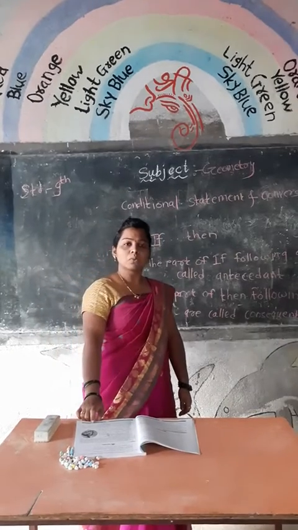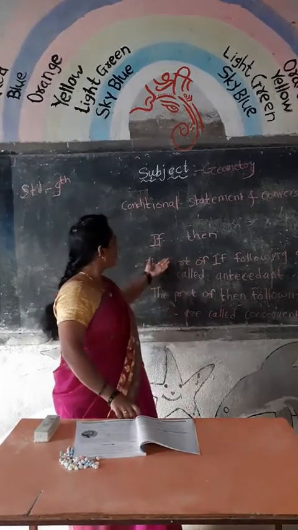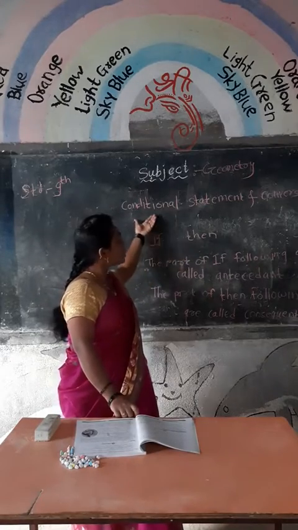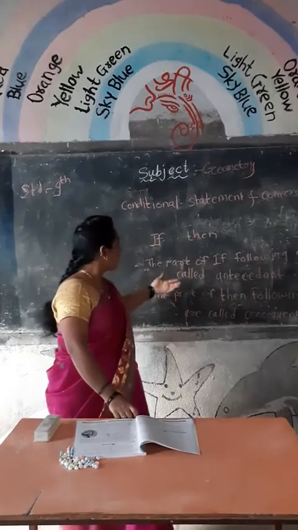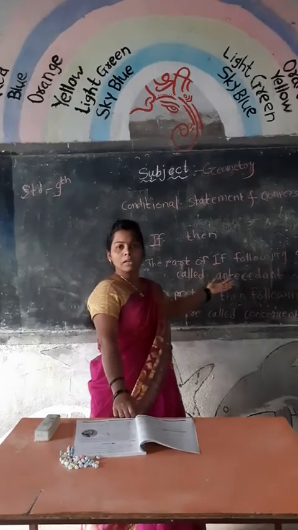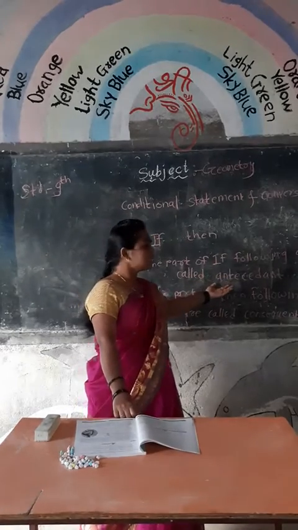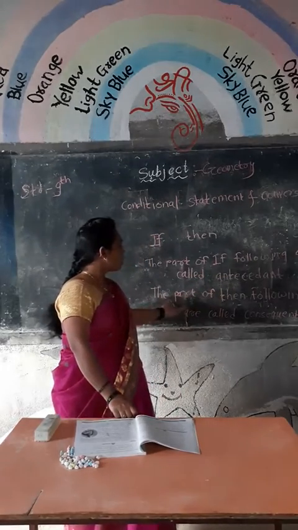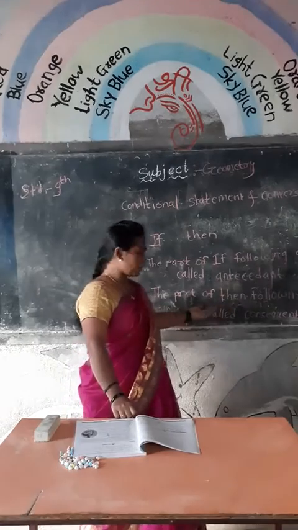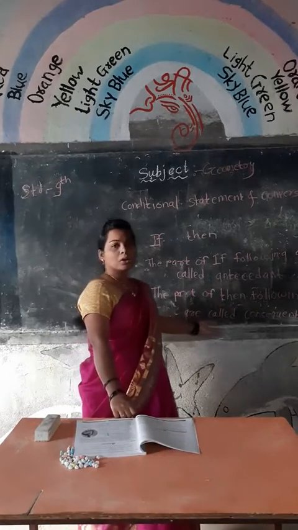The statements which can be written in the if-then form are called conditional statements, and the part following if is called the antecedent, and the part following then is called the consequent.